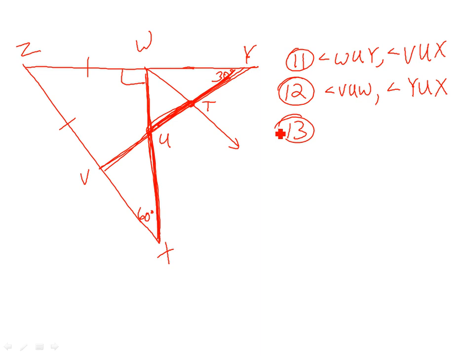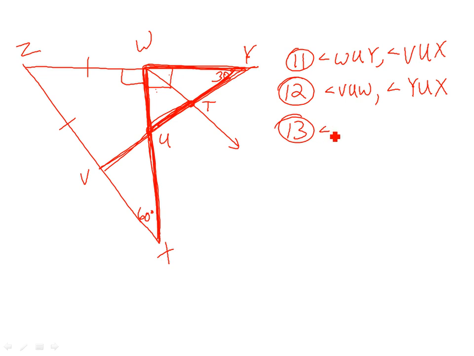So does anybody see a pair in this picture? Oh yeah, U, W, and Y. What would it be? T, W, Y. Katie's saying that she knows that this angle right here is a right angle. So these two angles together have to add up to be how much? 90, so they're complementary.